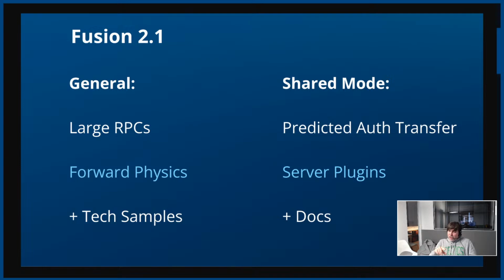I'm going to talk a little bit more in detail about forward physics soon, but the idea here is that we're modifying the included network transform monobehavior in Fusion to do physics prediction for you by default. The idea is that if you drag and drop a network transform on a new project and you also drag and drop a rigid body on that network object, you would have predicted physics on the other side.